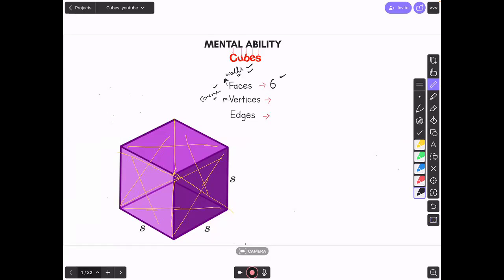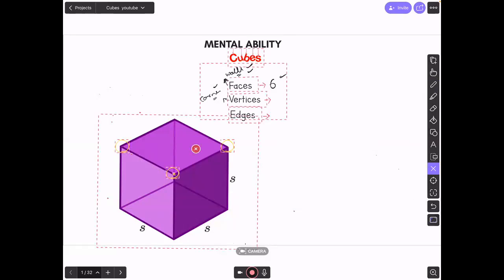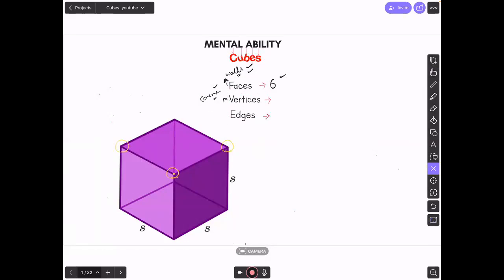As you can check it here, I'll put it here as well. 8 corners. Which are those 8 corners? Check it here. 1, 2, 3, 4. Or you can say 4 in the front, 4 at the back. 8 corners are there in a cube. And corner means what? Vertices. So how many vertices? 8.